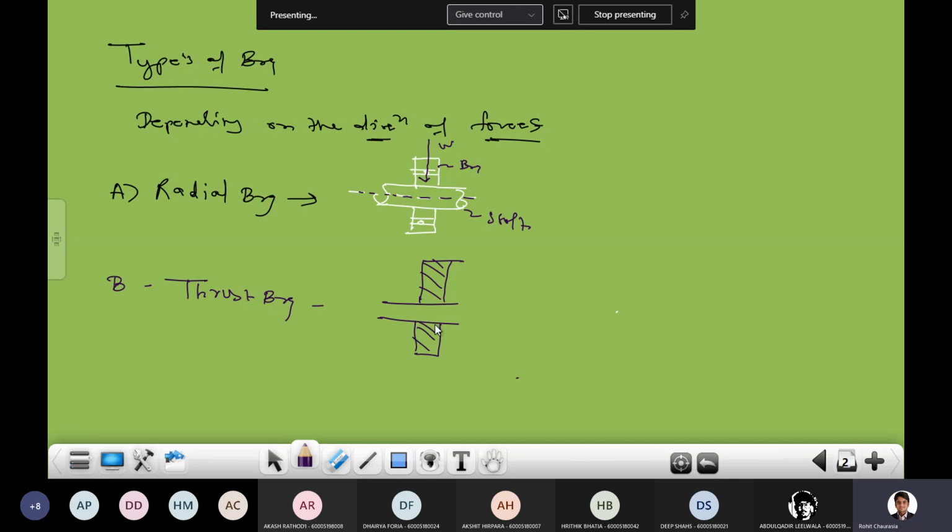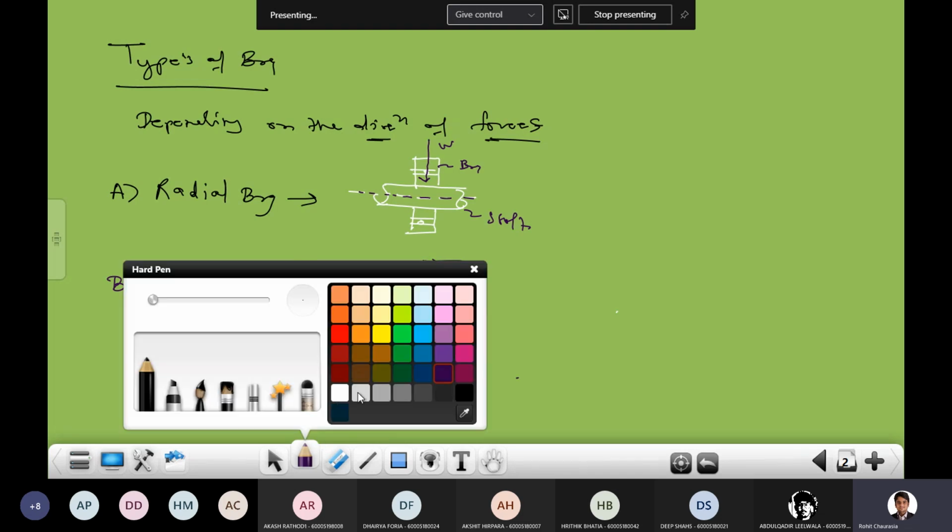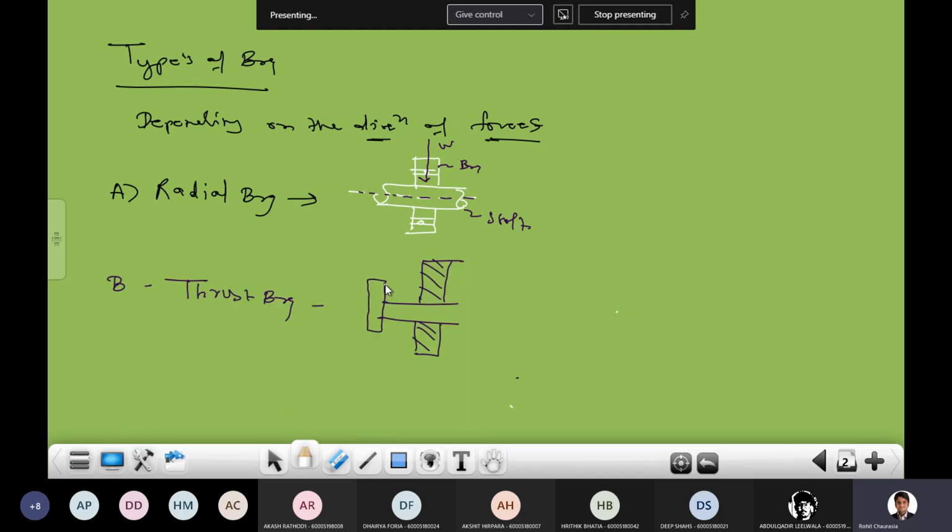Axial load. Thrust load is nothing but axial load. So if I have a shaft like this, I need to make the arrangement of the bearing between the shaft and frame.